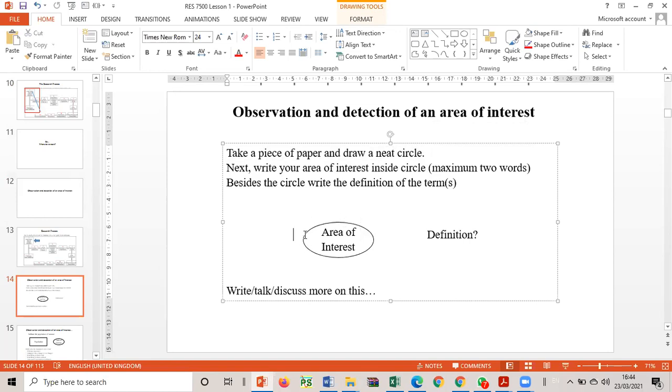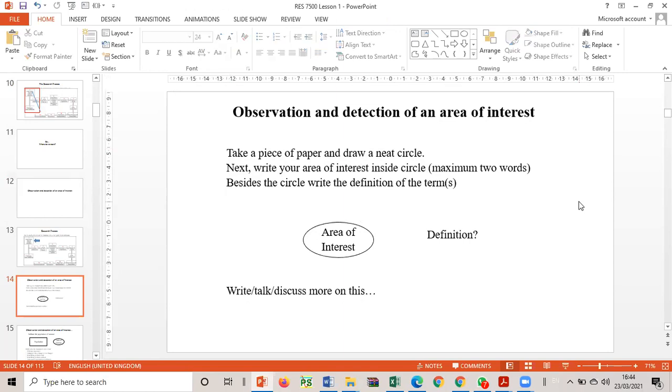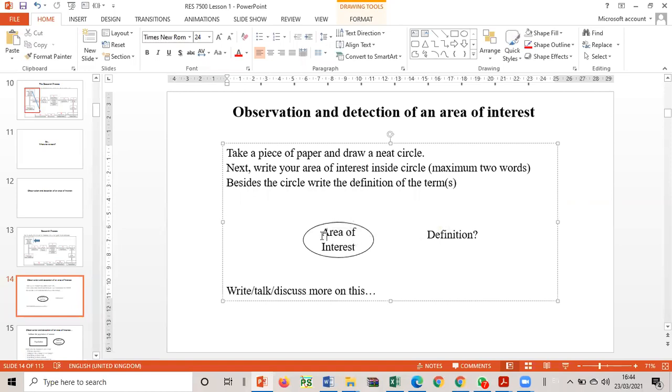Just draw a circle. Next, inside the circle, write your area of interest.